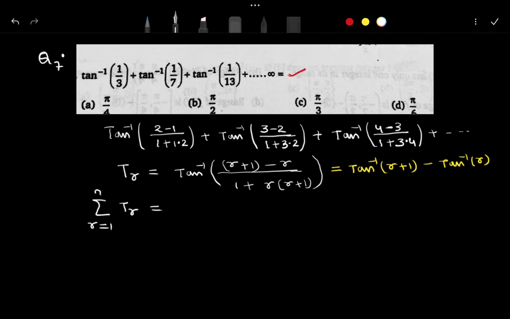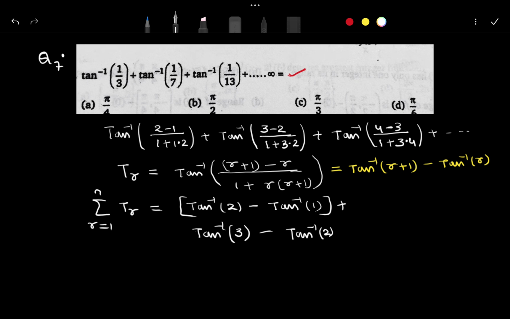So if you substitute r equals 1, you can write tan inverse of 2 minus tan inverse of 1. This is the first term. Plus r equals 2, tan inverse of 3 minus tan inverse of 2. This is the second term, right?